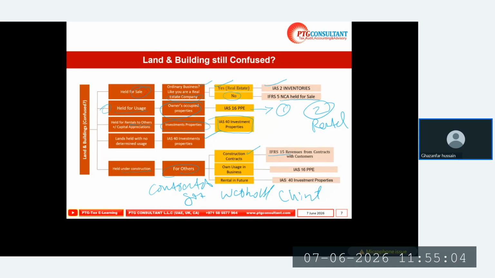If the property you are building is for own use, it will be IAS 16. If your intent or objective is for rental, then investment property. So again, for the property under construction, the objective of that property we are building also matters. That also comes under Ministerial Decision 173.